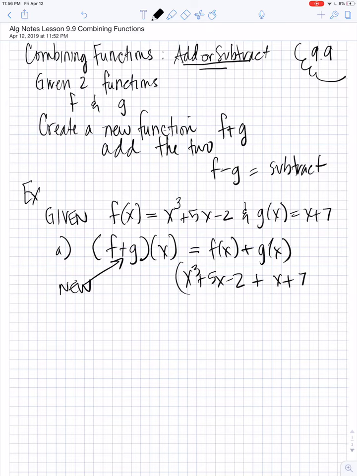I could put some parentheses around there so I can keep track of it. But I have these two functions, and now all I have to do is combine them. So I have x cubed plus 6x plus 5, and that is my new function, which is called f plus g of x.